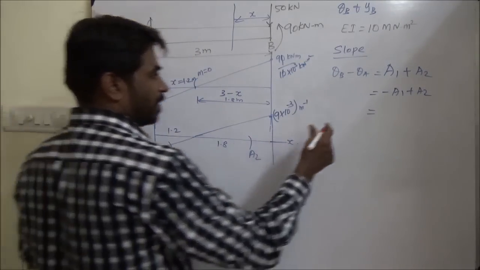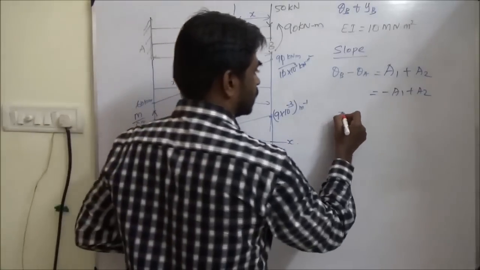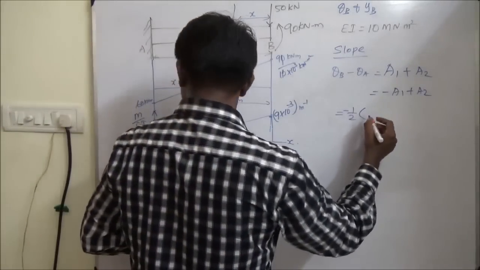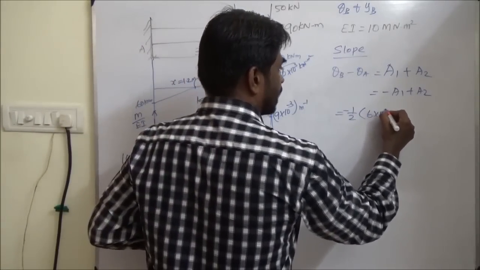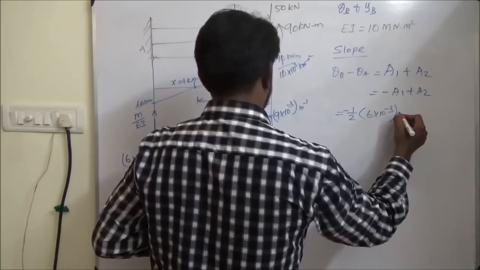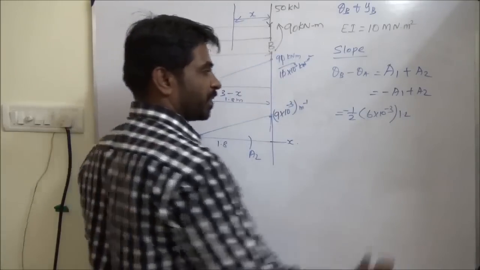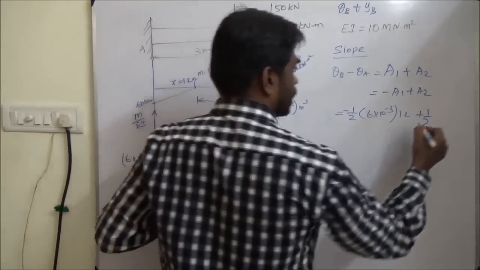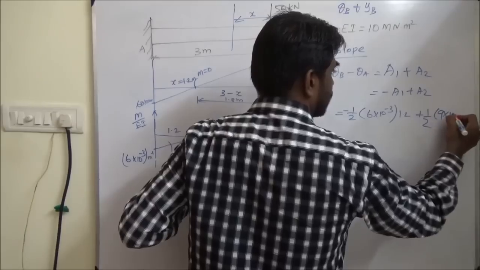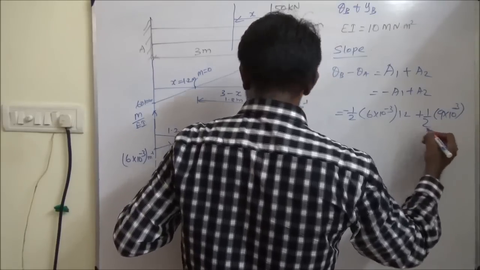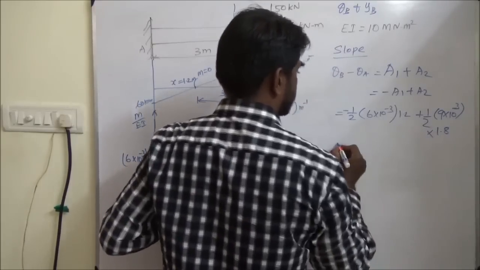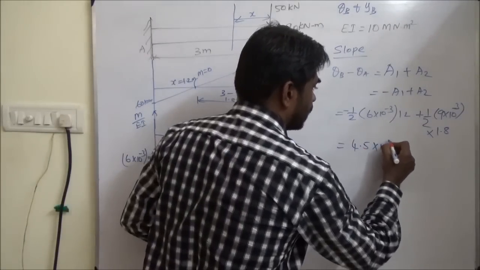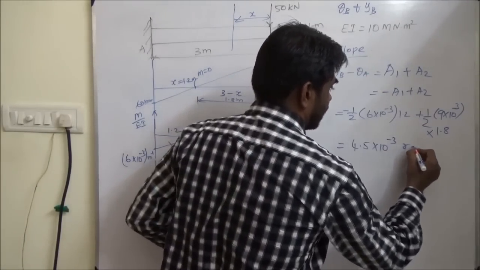This is a triangle, so minus half into 6 into 10 power minus 3 into 1.2 plus half into 9 into 10 to the power minus 3 into 1.8. So 4.5 into 10 to the power minus 3 radian.